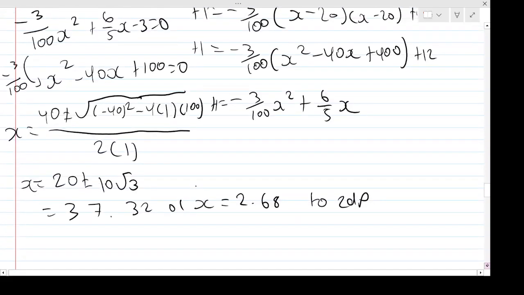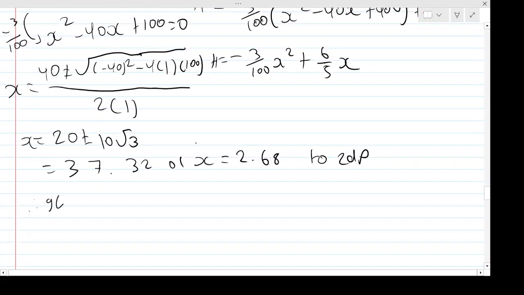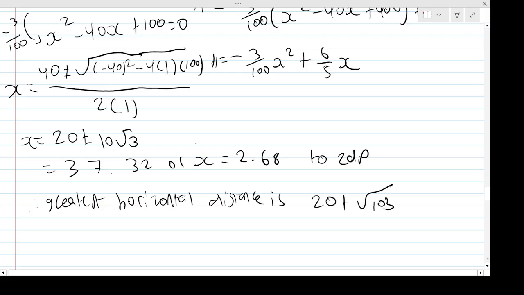So the greatest horizontal distance is this value here, because that's the bigger one out of 2.68. The greatest horizontal distance, we remember, is what x is, and it's going to be 20 plus 10 root 3, which remember corresponds to this value here.